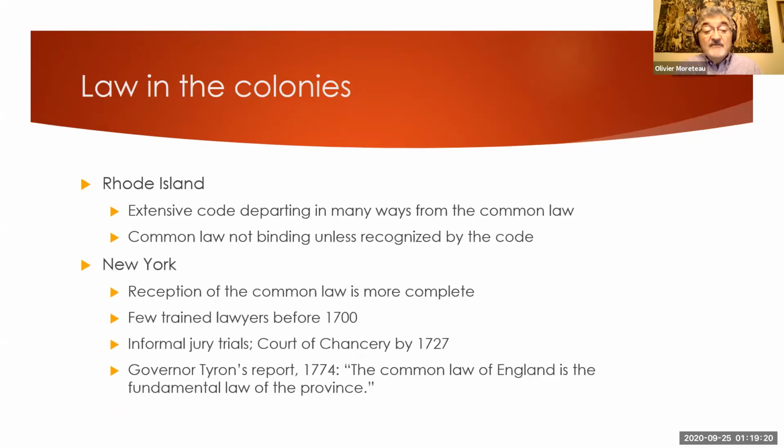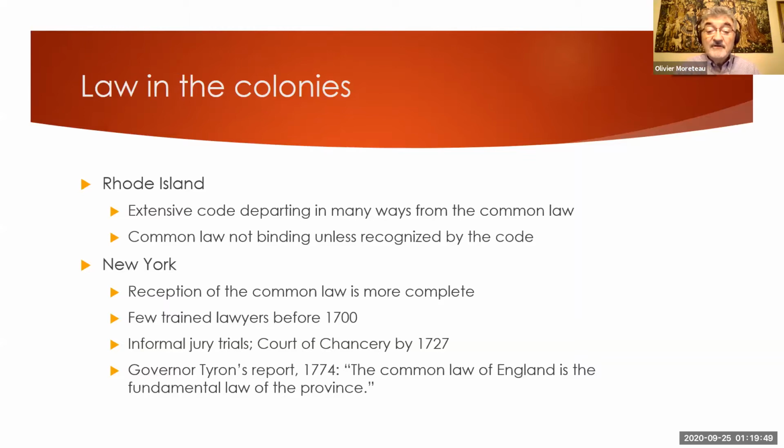The colony of New York is different. The reception of the common law has been rather complete in New York, and this is not surprising because of the bustling harbor and the bustling trade that existed between New York and England. However, there were few trained lawyers before 1700. They were having recourse to informal jury trials.